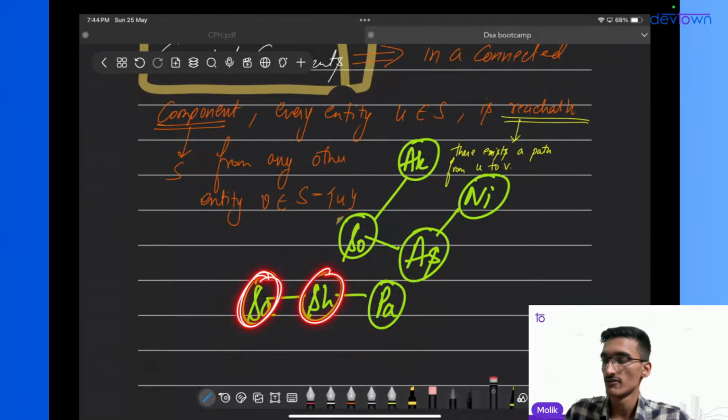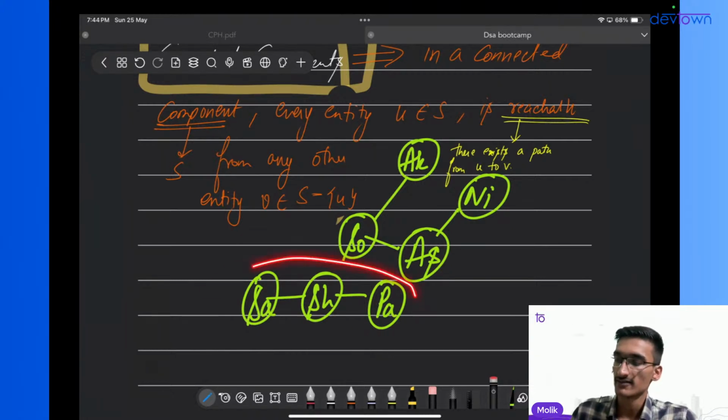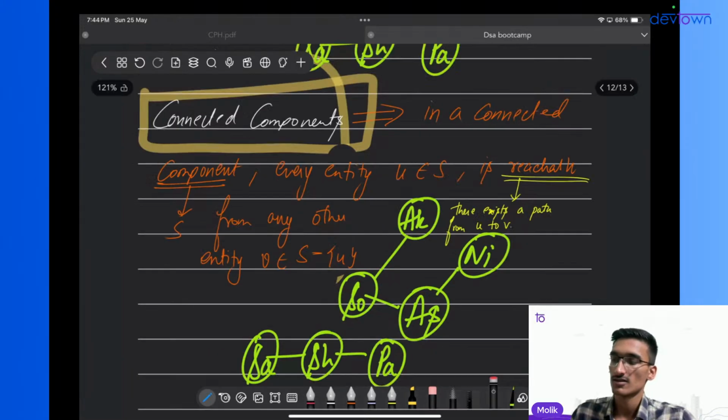This is also reachable from every vertex, every entity of this component. Hence, this is a connected component and this is a connected component.